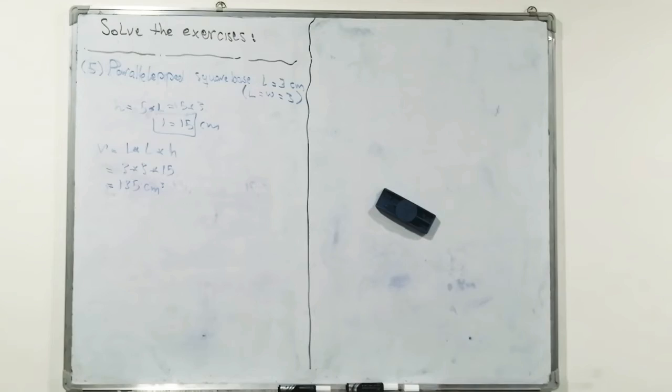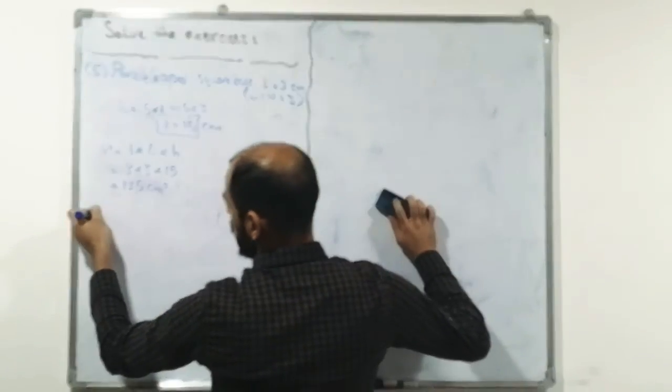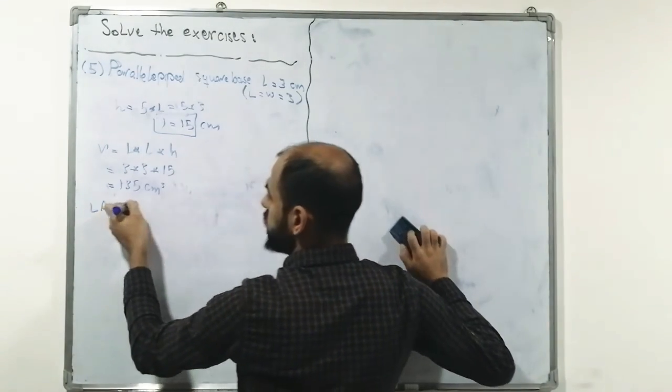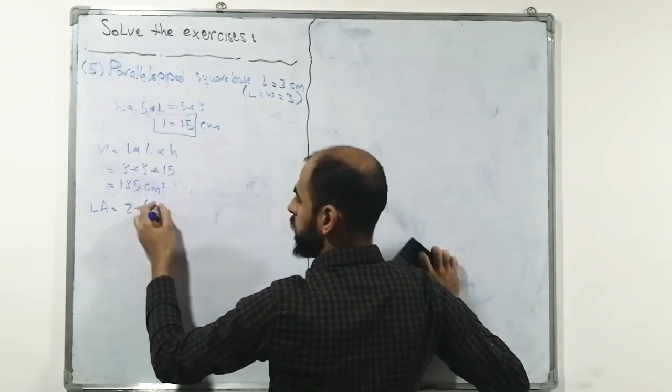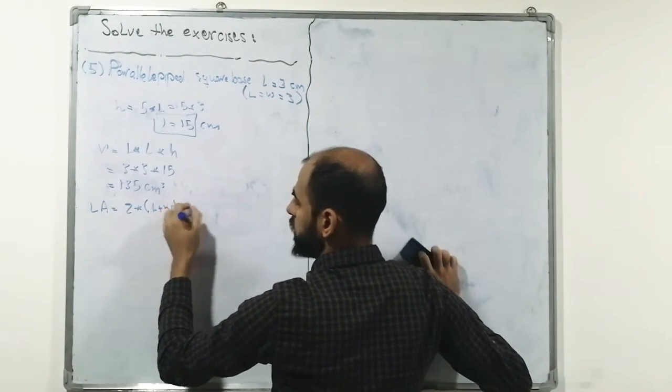Now after this we have to find its lateral area. The lateral area of a parallelepiped is 2 by length plus width by height.